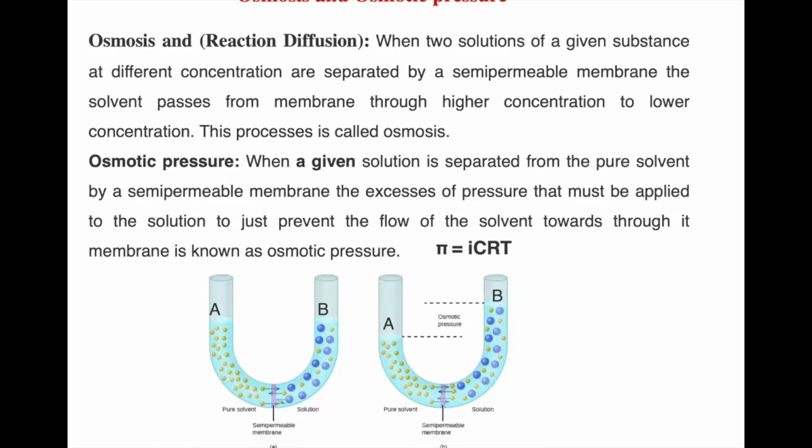That process is called osmosis, and as a result an extra pressure develops. That extra pressure developed is called the osmotic pressure. In other words, osmosis is when two solutions of a given substance at different concentrations are separated by a semi-permeable membrane, and the solvent passes through the membrane from lower concentration to higher concentration. This process is called osmosis.